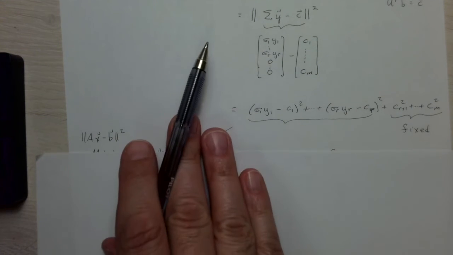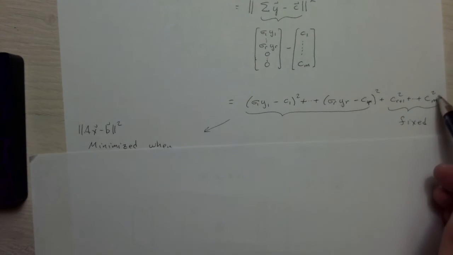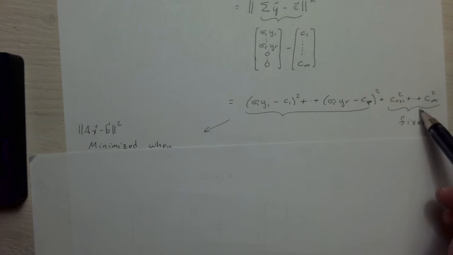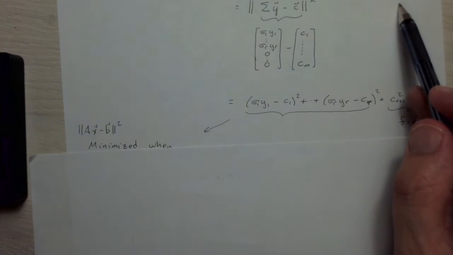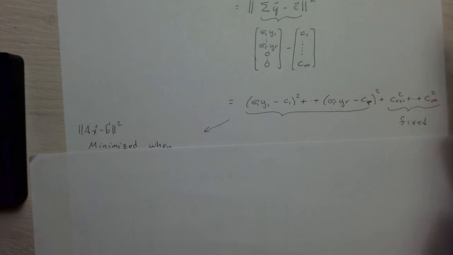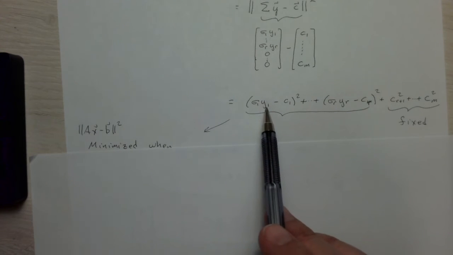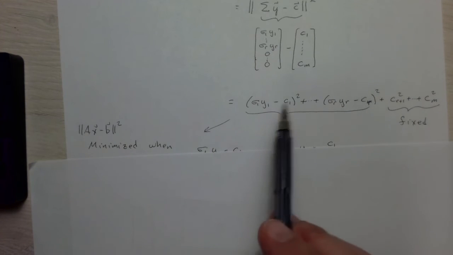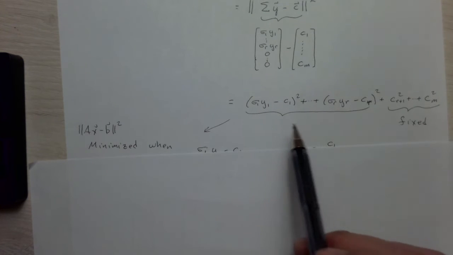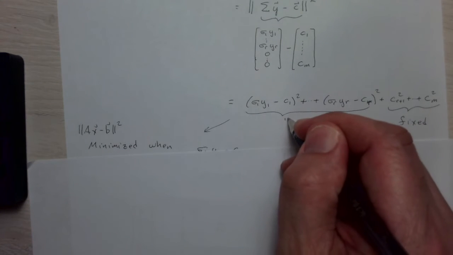Now, keep in mind that these are fixed. We can't control these, because they're completely dependent on B, which was given to us, and U transpose, which was dependent on A, which was given to us. The only thing that's changed, the variable here, is the y's, right? So if we want to minimize this whole thing, we can only minimize this part, and we can minimize this by setting it equal to 0.